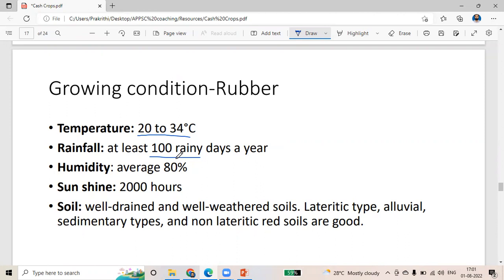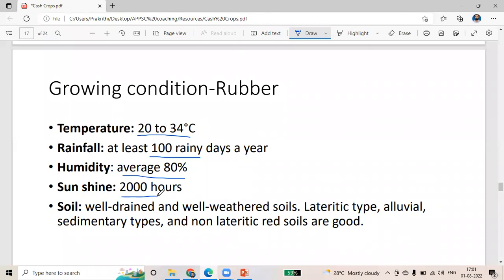It also needs an average humidity of 80%, so humidity should be high. Sunshine of 2000 hours is needed.